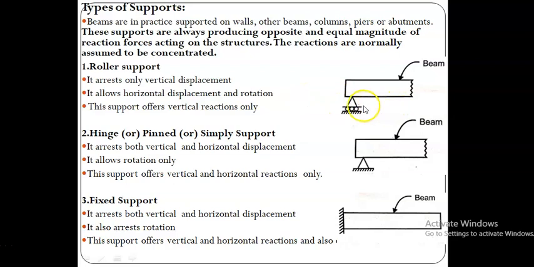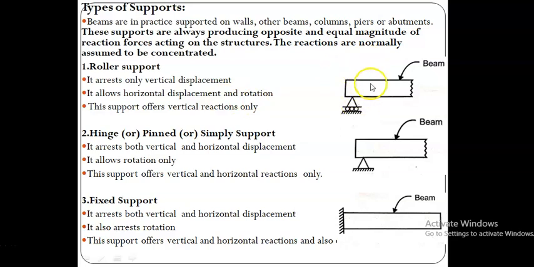This means there is no resistance offered along the horizontal direction, because it has frictionless rollers, and therefore it moves laterally or horizontally. So it doesn't offer any horizontal resistance. So it allows horizontal displacement, and it also allows rotation.